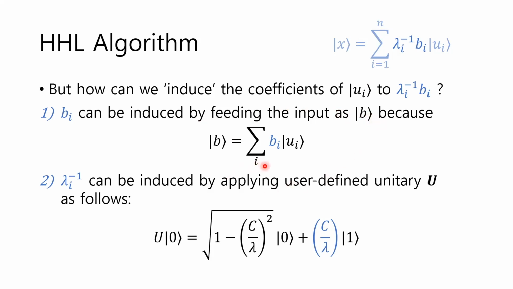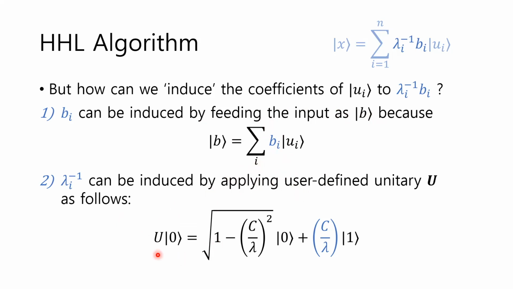because its coefficients b_i can be presented as a recombination of the eigenvectors. And lambda_i can be induced by applying some user-defined unitary gate U as follows.